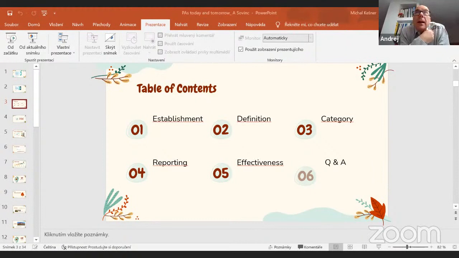Then I prepared a kind of Schnellkurs, or how to say, really the most important features that should be applied when assigning the protected area category to a site.